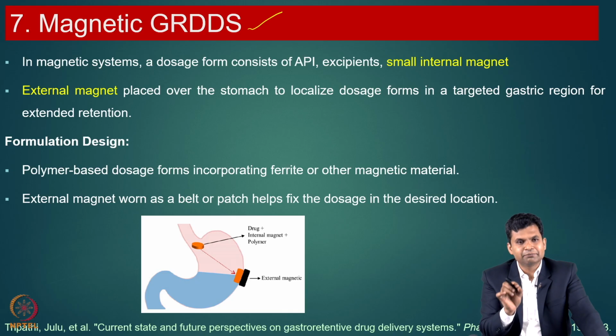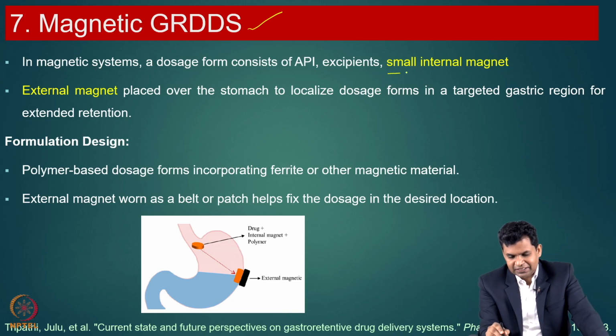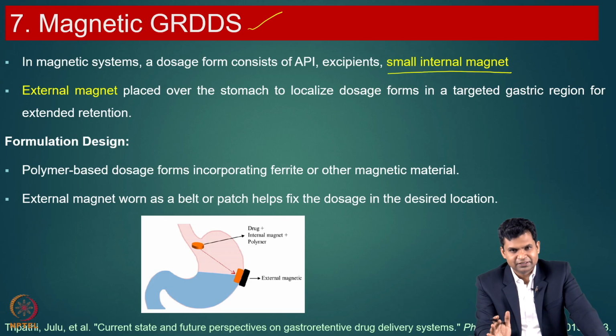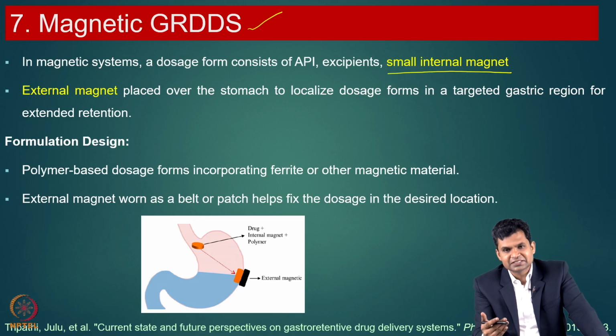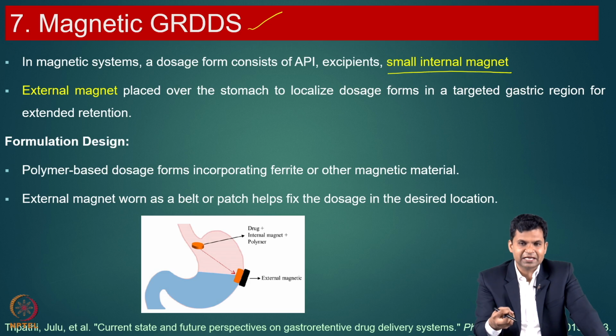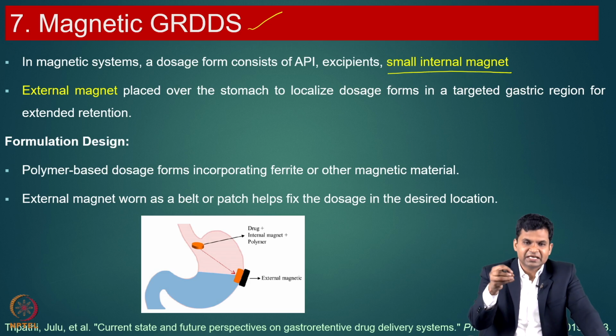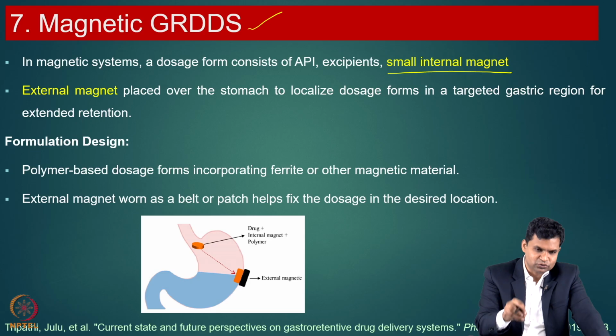Similarly in magnetic systems, we use some quantity of magnetic material, especially iron oxide nanoparticles and materials which have magnetic properties. Such materials we will incorporate into our dosage forms.